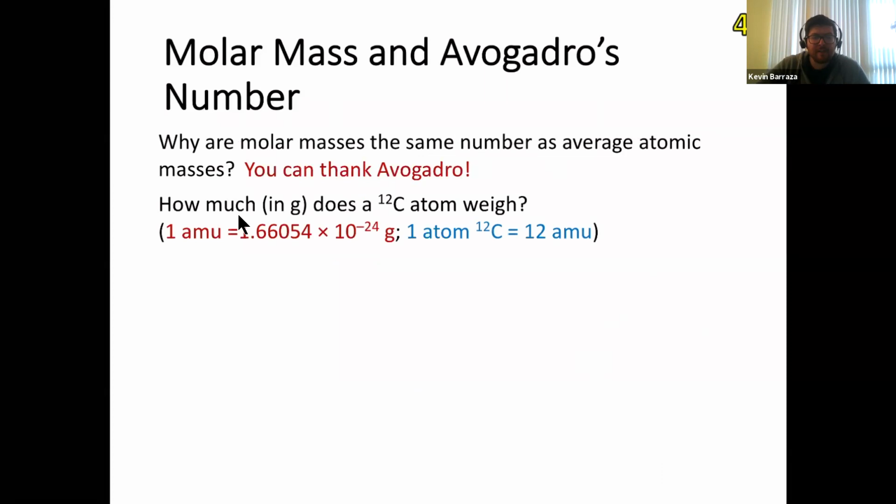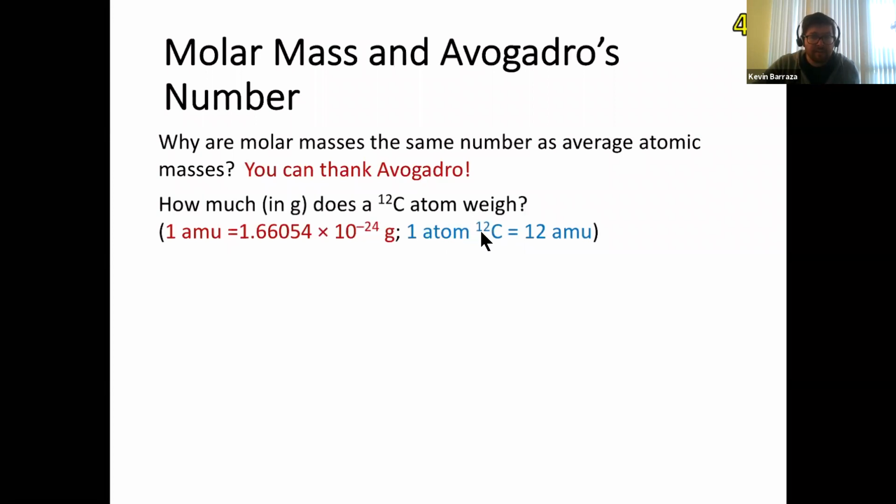We would first ask, how much does a carbon-12 atom weigh, as an example? The conversion factor for AMU to grams is shown here. According to what we learned yesterday, in carbon-12, remember the 12, what do we call that?